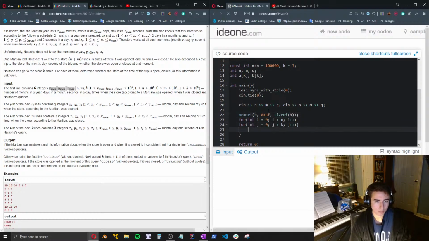So A will be the lower bound, B will be the upper bound, right? No, wait, that means we should make A equal to this. So we'll say A of J is the min of A of J and x. A of J is equal to max of B of J and x.